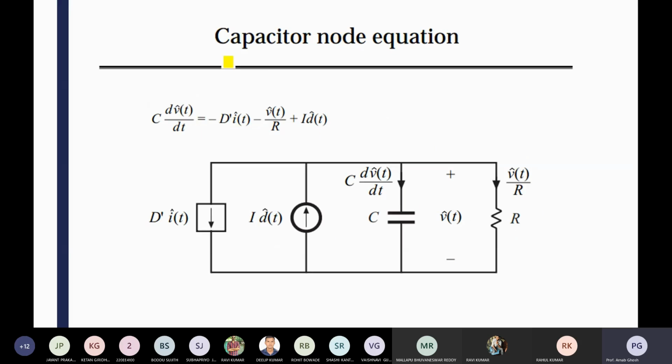Then the capacitor node equation, so you can use KCL, since it is the capacitor current. It will look like a current source, because I cap T and D cap T give a current source.